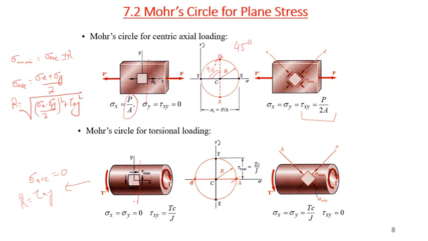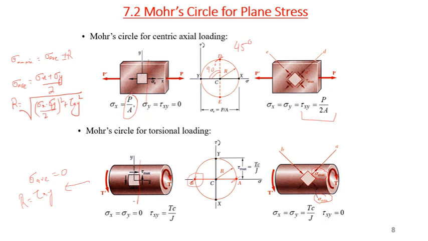If you rotate 45 degree, over there you will have maximum and minimum normal stress. The magnitude will be equal because this CA and CB distance is the same, right? And the value will be equal to the radius, that is equal to Tc by J. But the maximum will be tensile in nature and the minimum will be compressive in nature.